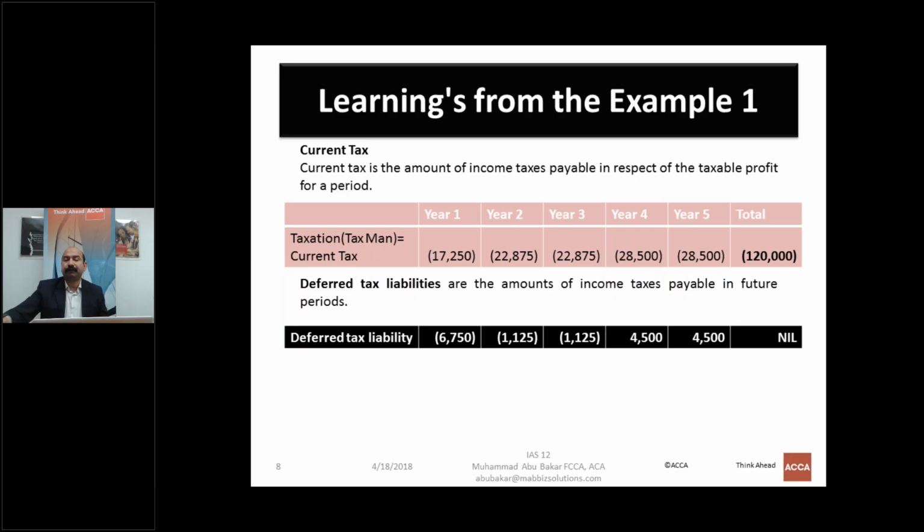So in very simple terms, if we want to calculate income tax expense, if I just remove the word income tax, meaning expense, like I gave you the example of rent of 50,000, where you paid 40,000 to the owner. So if you want to calculate expense, what you will do, you will add 40,000 to the 10,000 of liability.